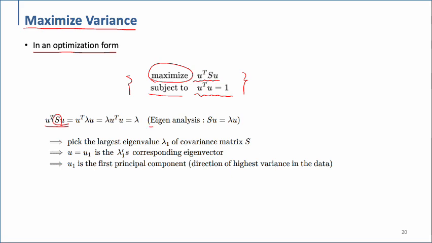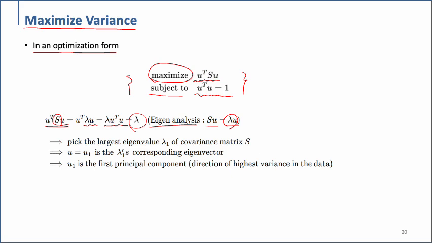So by using this eigenanalysis where S u is equal to lambda u, we can rewrite S u as lambda u. And here we know that lambda is an eigenvalue which is a scalar, so this is nothing but lambda u transpose u. And by using the condition that u is a unit vector, this is nothing but lambda.